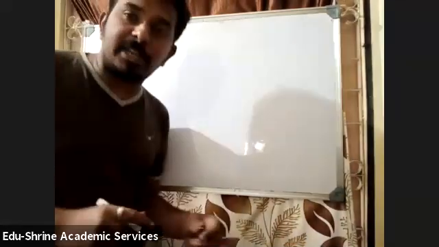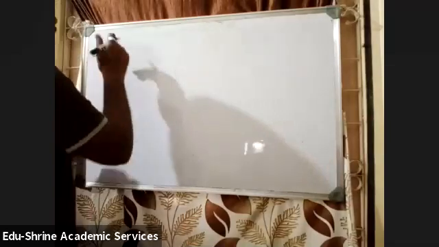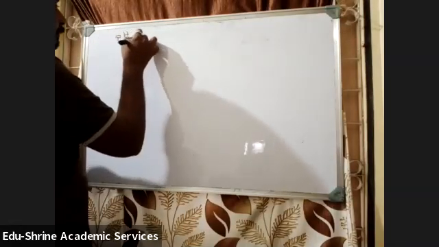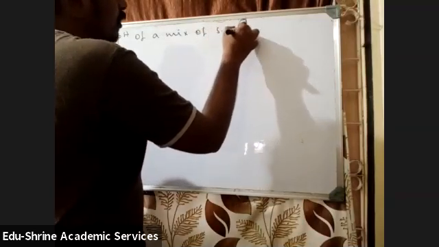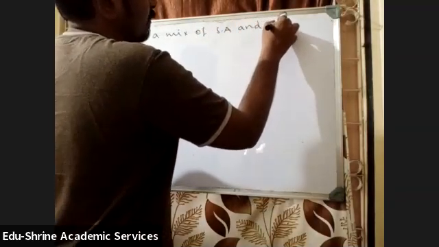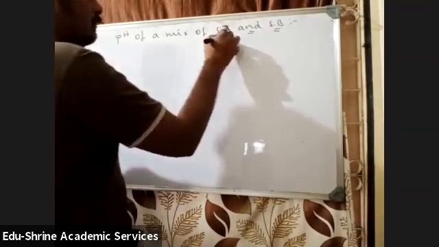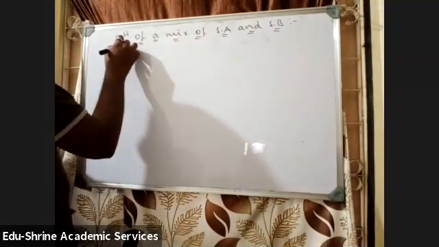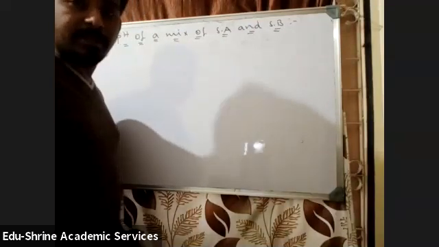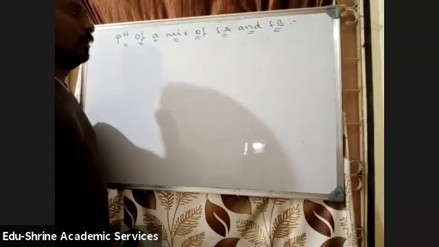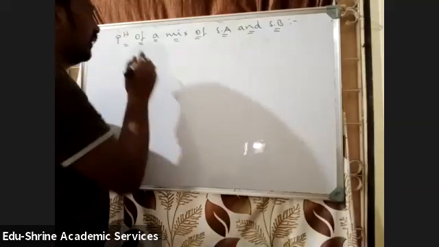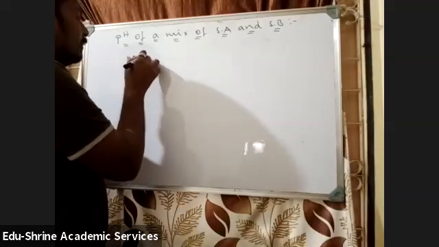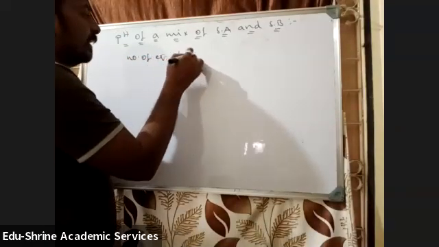Very important, students, from here, concentrate. So the pH of a mix of strong acid and strong base. How to calculate the pH of this type of solution: first you need to calculate the number of equivalents of acid.